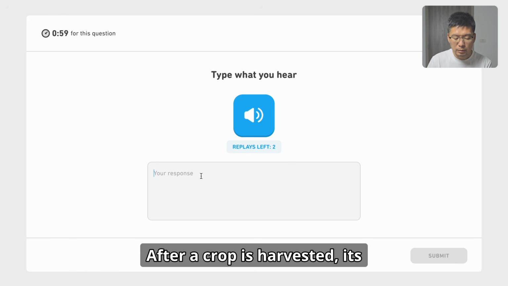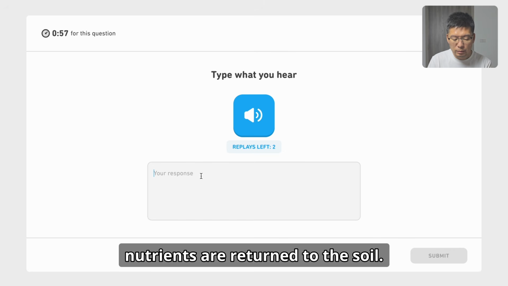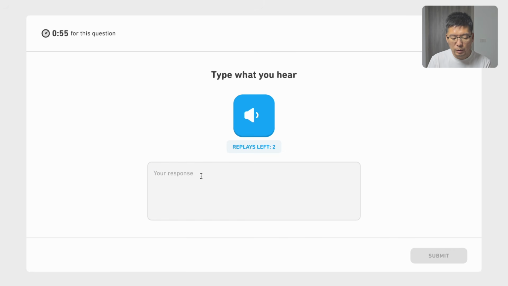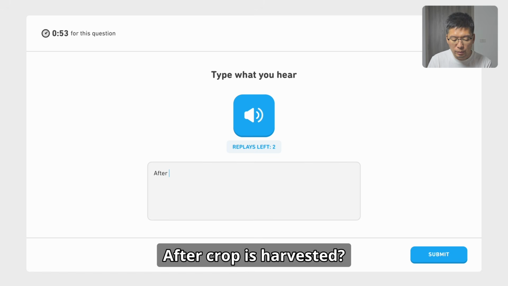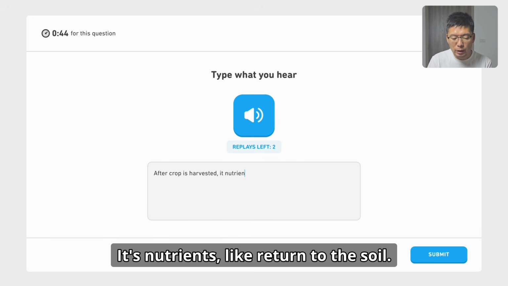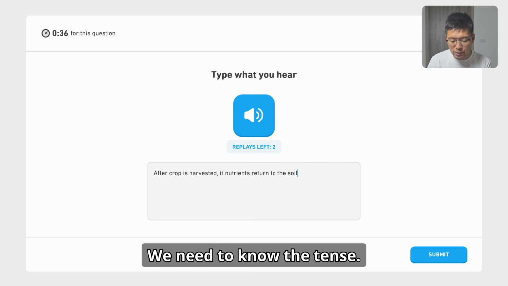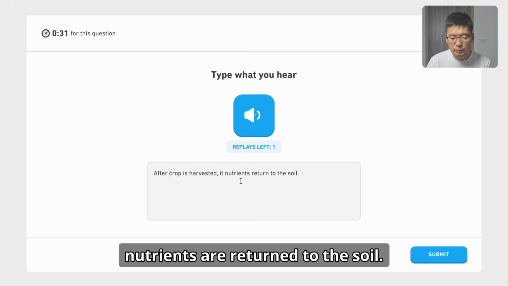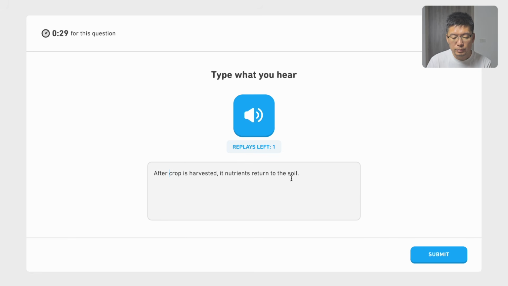After a crop is harvested, its nutrients are returned to the soil. After a crop is harvested, something, huh? Its nutrients are returned to the soil. We need to know the tense. After a crop is harvested, its nutrients are returned to the soil.